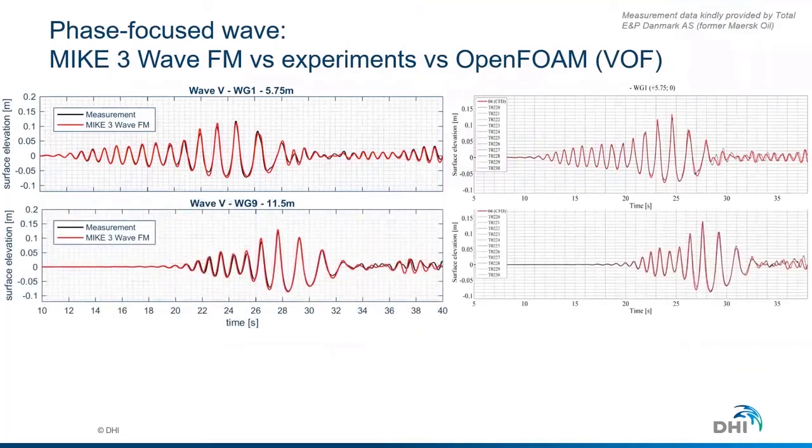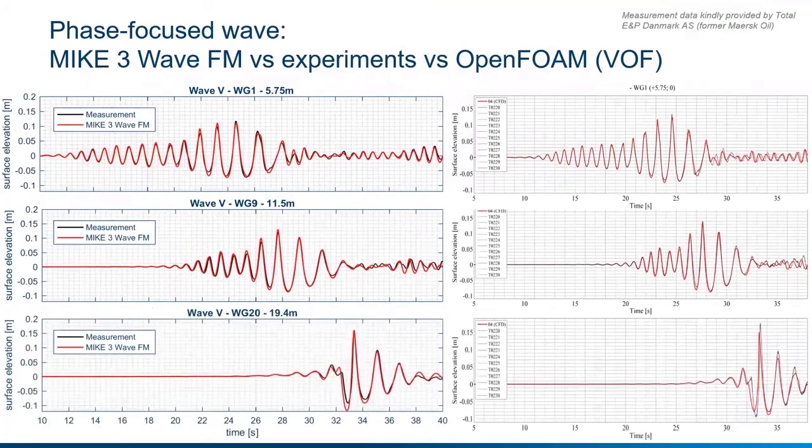So here, first of all, we see a comparison of a study we did for Total, where we have kindly run many single wave, extreme wave cases. So we see measurements on the left and the MIKE 3 Wave FM model, measurements are in black and MIKE 3 Wave FM is in red. We see quite a close comparison.